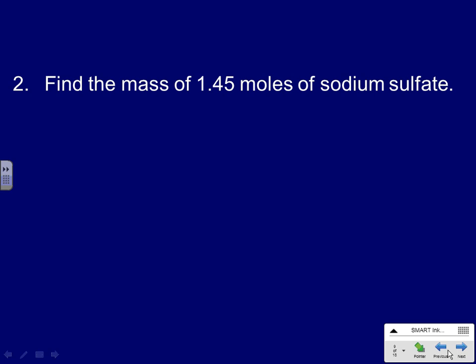Again, a map is not required. The reason I do the maps is because sometimes we need to take multiple steps. If you need to think of a map and write it down, you can. But notice it says, find the mass of 1.45 moles.